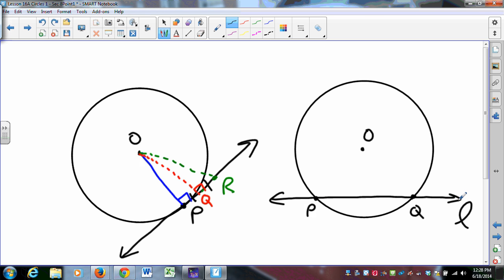I argue that if I drop the perpendicular here, it is also a bisector. That's my claim. That will be the first thing that you prove when we gather in class tomorrow.